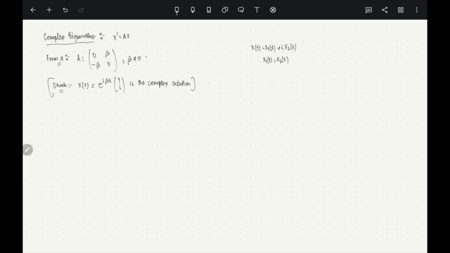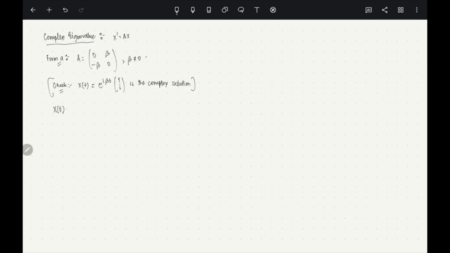These theories we already did, so I'm not going to do all that. I'm just going to write down the general solution. If you don't remember all this, please go through it again. So what is the general solution in this case?